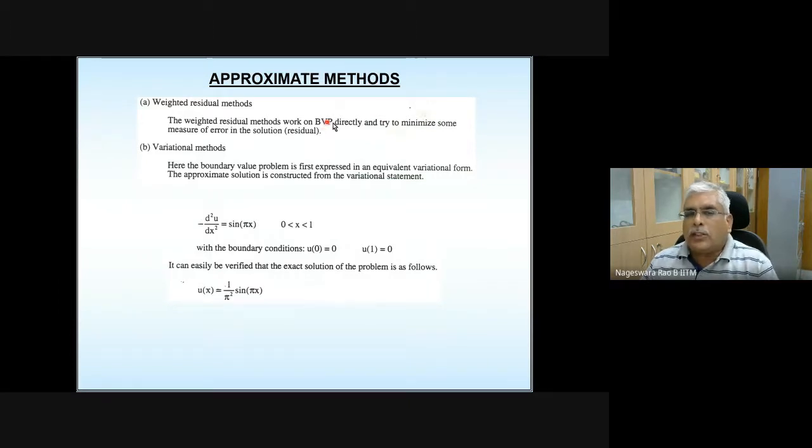The weighted residual methods work on the BVP, the boundary value problem, directly, and try to minimize some measure of error in the solution, or residual. You will understand; don't worry about this. Okay, we are going to define some residue or error, and we will try to minimize that error.